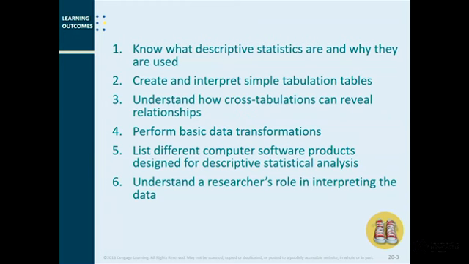When we collect raw data, sometimes we need to transform it into a more usable form to do the statistical analysis. So we will learn some of these techniques, how we can transform data. And we will see some software that we usually use in conducting descriptive analysis.